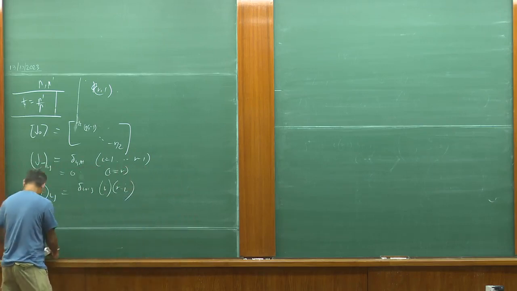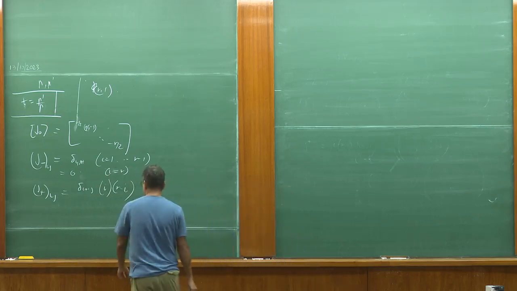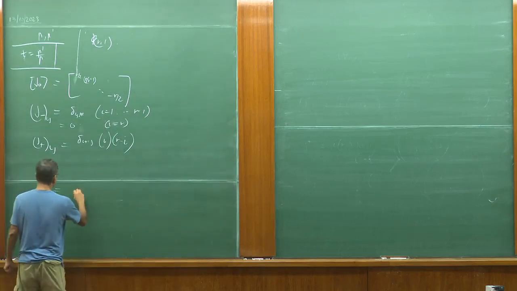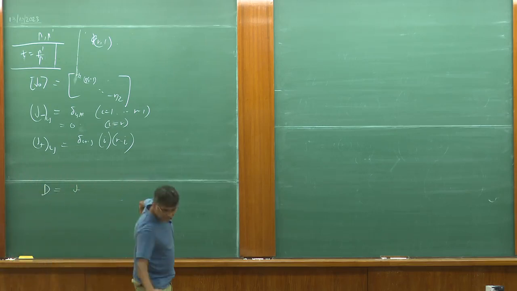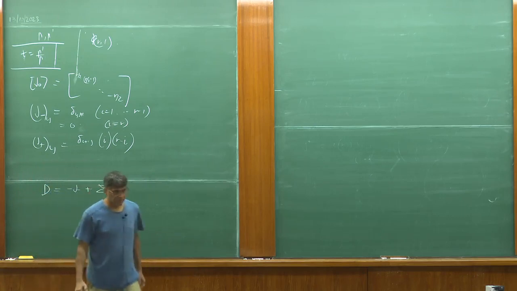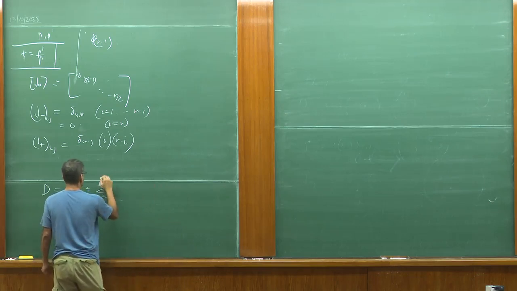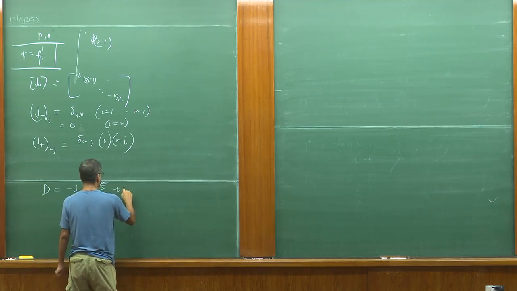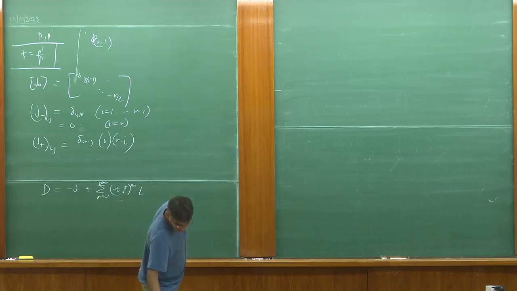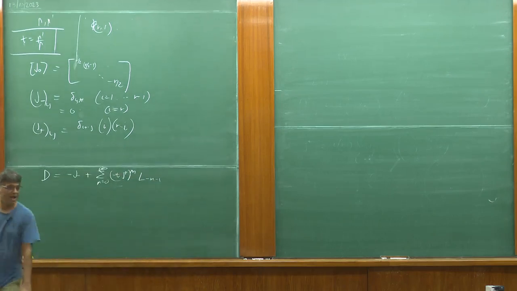Okay. So we had these matrices defined here, and then we defined this operator D. This operator D was equal to J minus, maybe minus J minus, plus the sum over M equal to 0 to infinity of minus T times J plus, the whole to the power M, and then L of minus M minus 1.